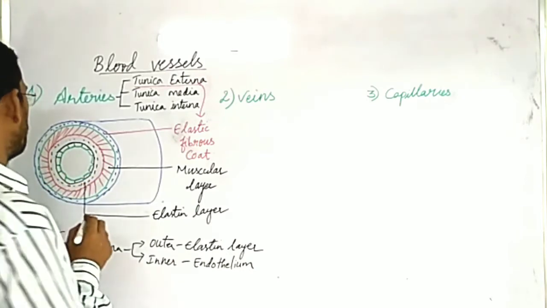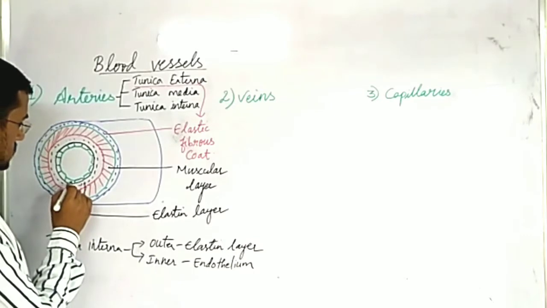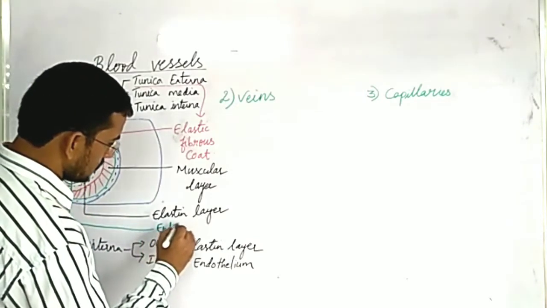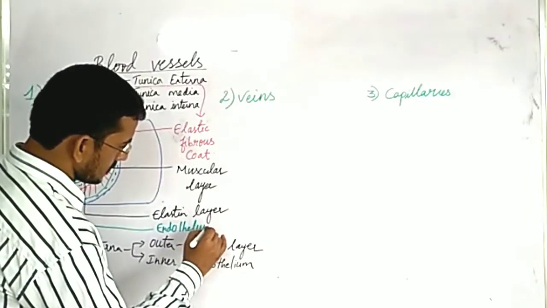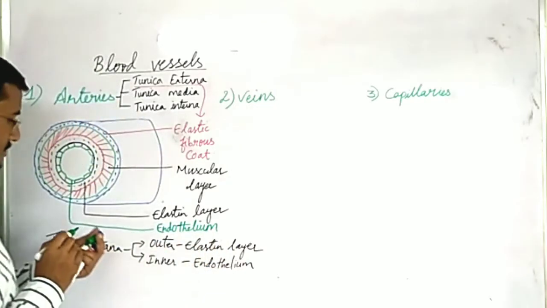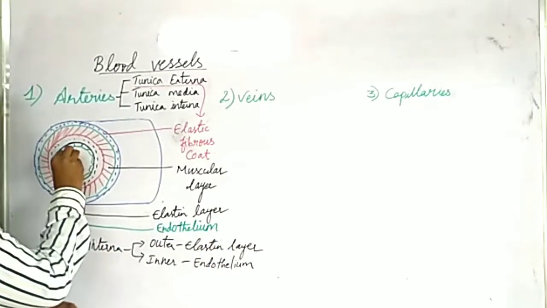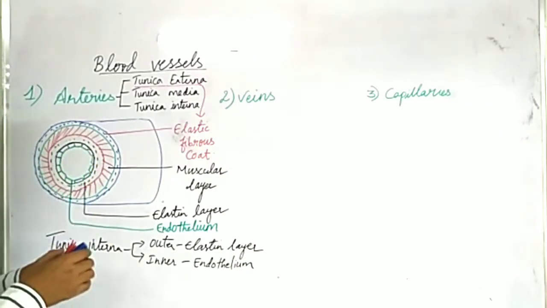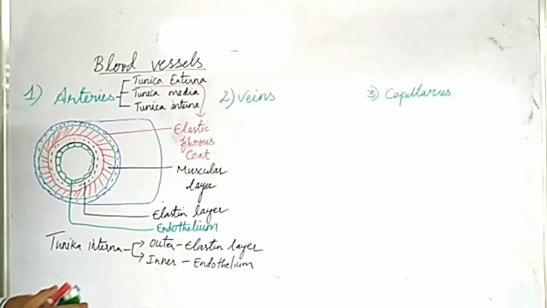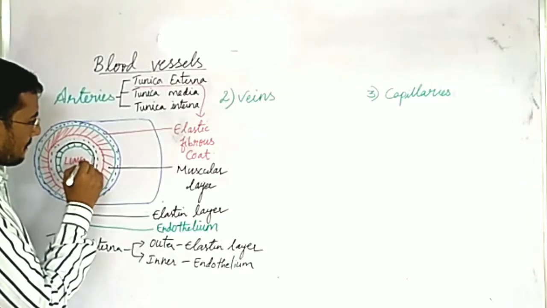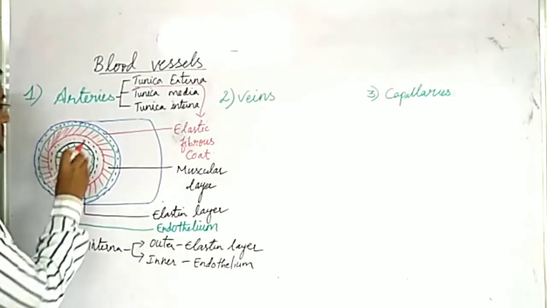So this is endothelium, and the inside space which is present in the artery blood vessel is called lumen.